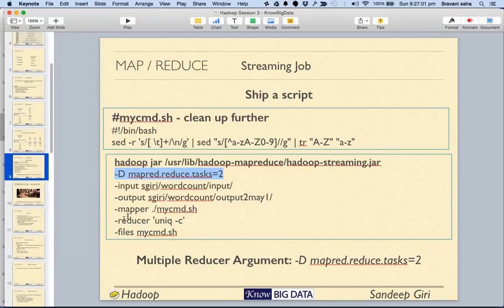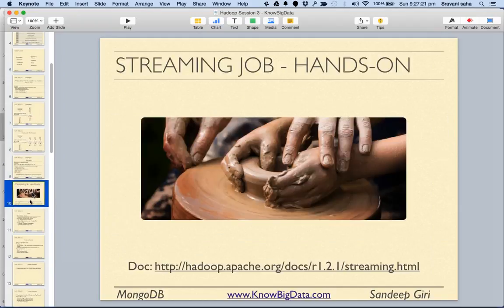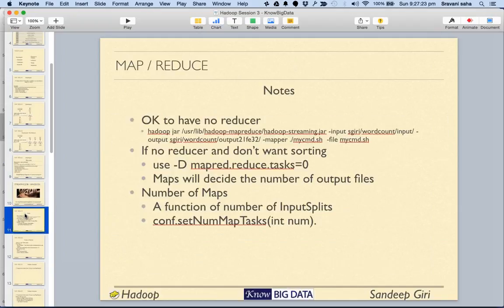One, we mentioned the number of reduce tasks we want. If we mention 3 or we mention 10, there will be 10 output files. But at the same time, they will be running using these four data nodes. So, hands-on is done.